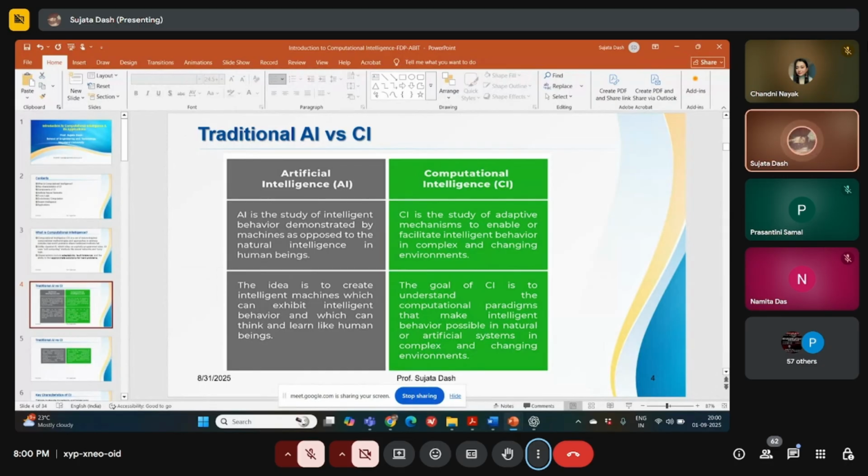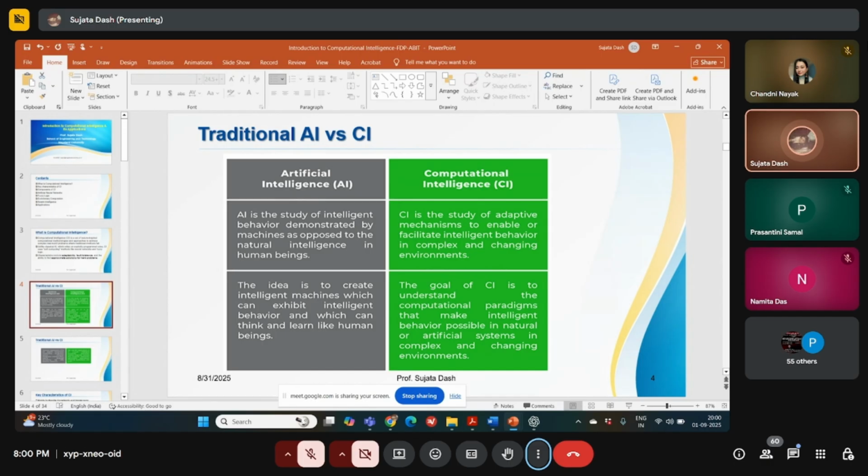When we talk about AI, we usually mean teaching machines to show intelligent behavior, trying to induct intelligence into a machine.